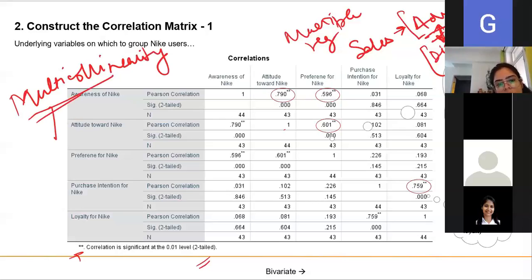There are certain parameters through which you check multicollinearity. First you check correlation, and there are parameters like VIF and all. And we'll discuss what the problem is if multicollinearity exists, and why it is bad.